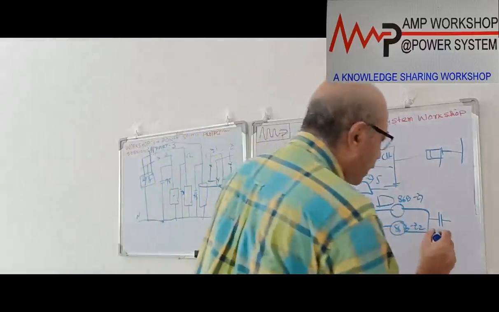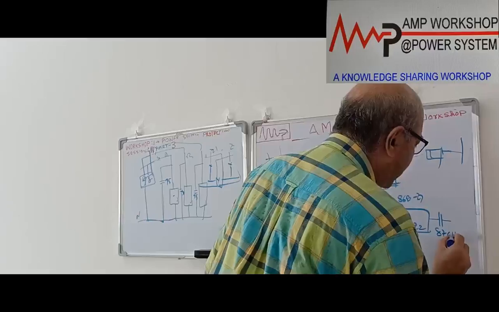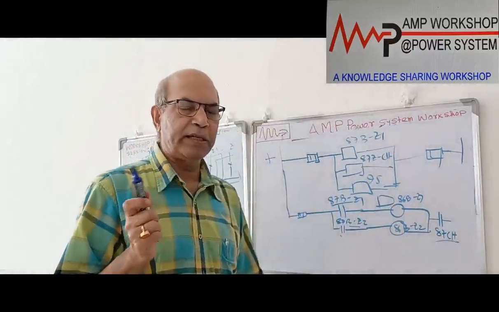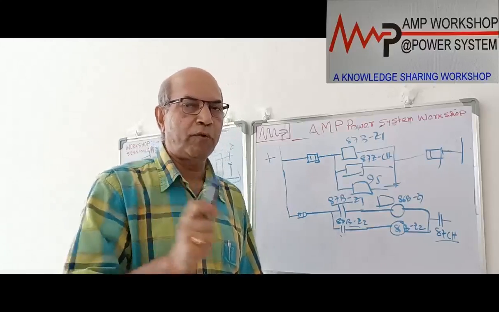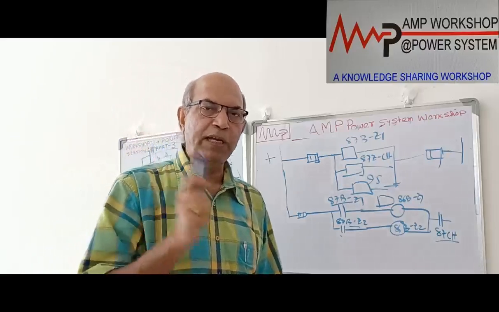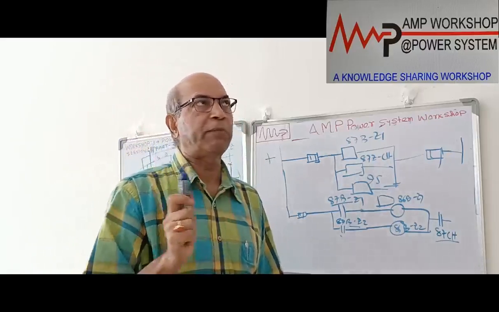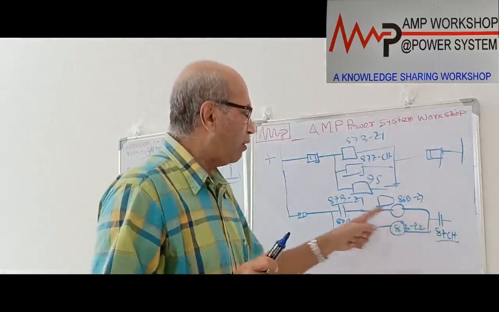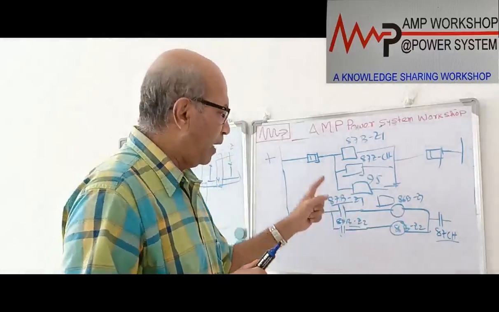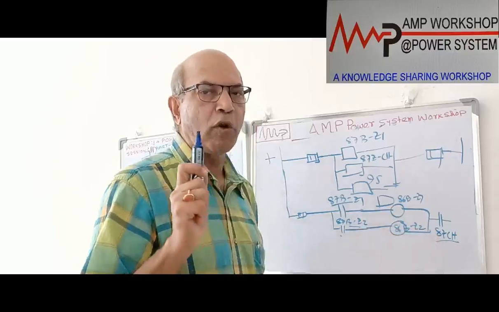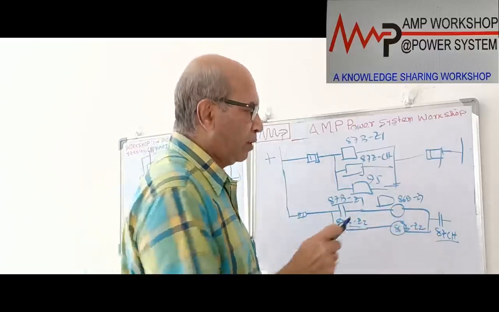So this is the 87 check relay, okay? You have to keep in mind that the 87 check relay is not zone dependent. It is common for the entire zone, only one check facility. Backup protection is only one for the entire system, not separate. So in the case of backup protection or check feature, we need not give two separate protections. Main protection will always be separate for each zone, but check protection will be common for the entire system. So this is one.